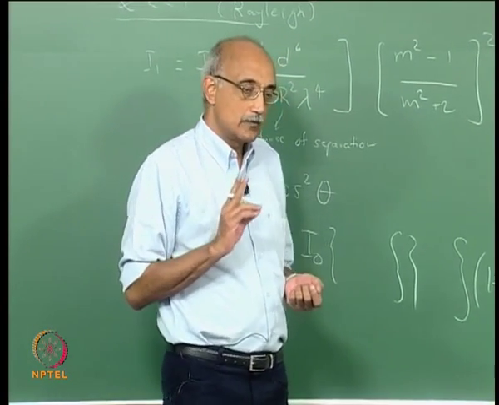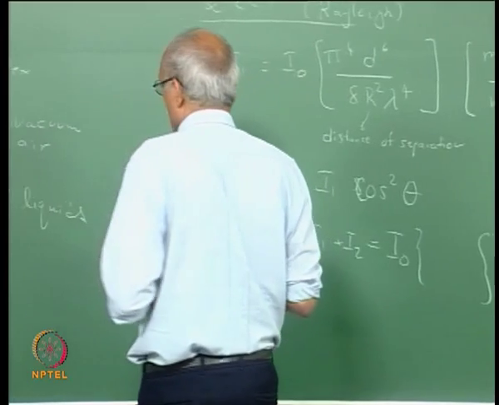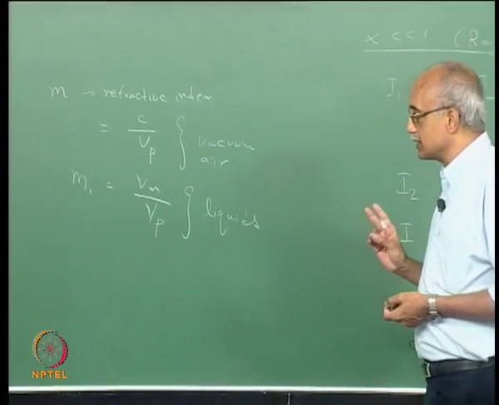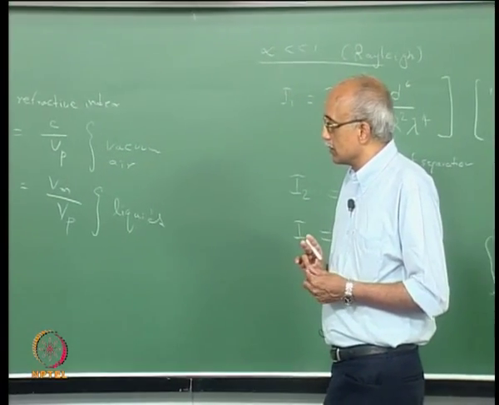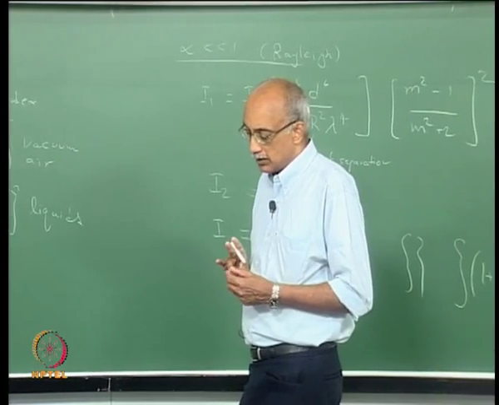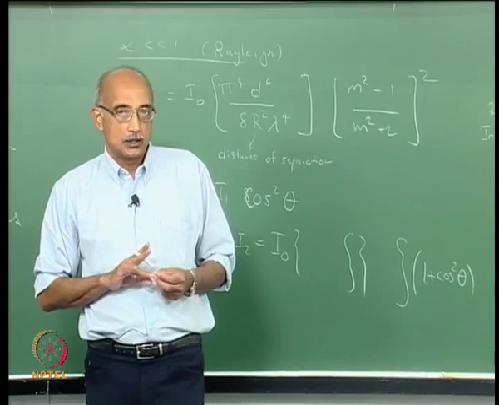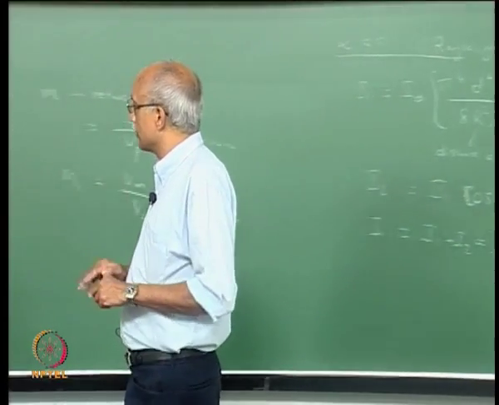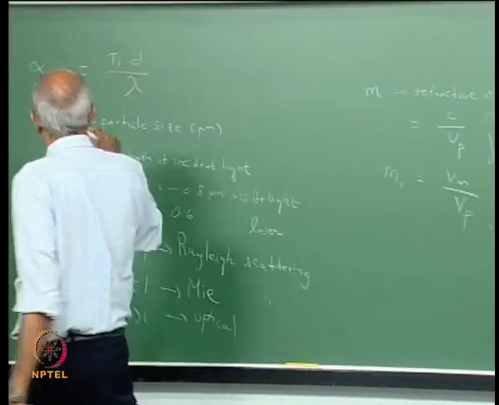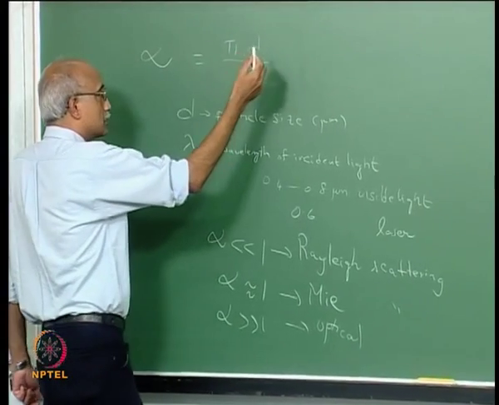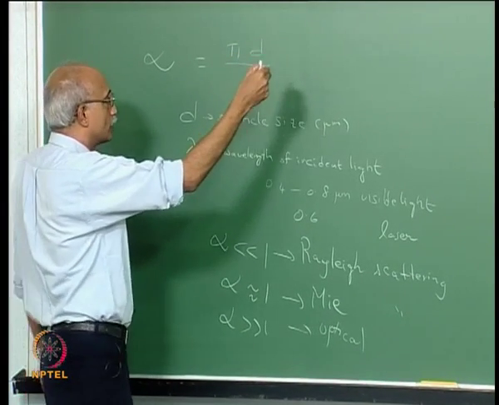Now when we say alpha much less than 1, what are the actual sizes we are talking about? It has to be roughly in the 1 micron size range. Now when d is equal to 1 micron, then pi is let's say 3.14.